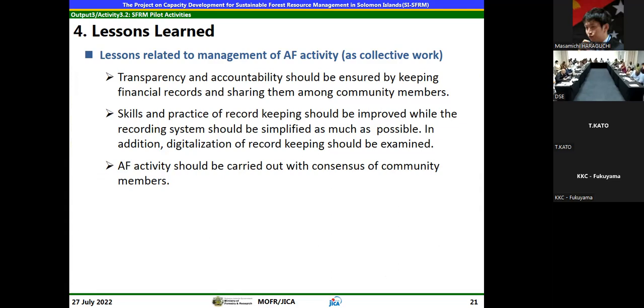Skills and practice of record keeping should be improved, where records should be simplified as much as possible. There should be more training on how to do recording with the community members, and it is suggested that digitization of record keeping should be examined. AF activities should be carried out with conscientious community members.